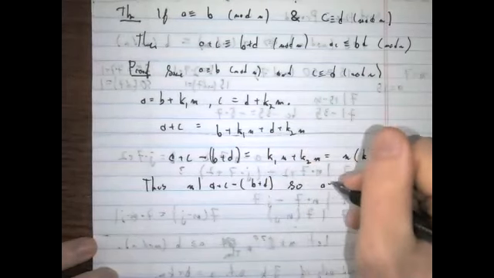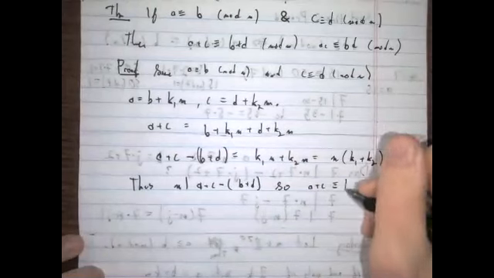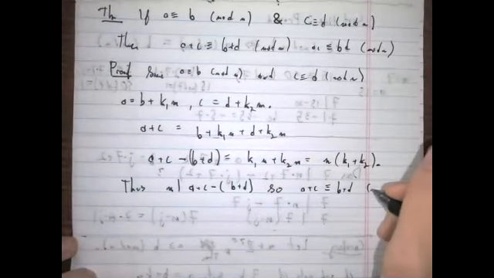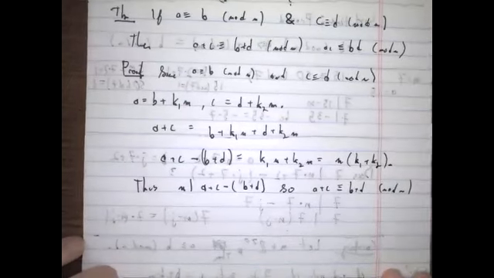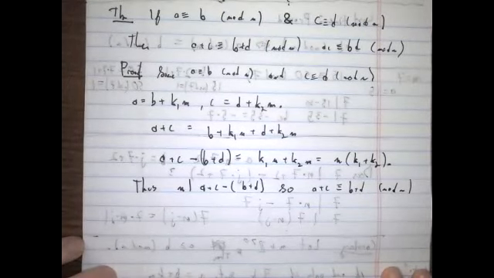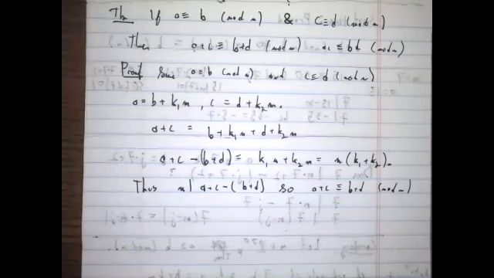So a plus c is congruent to b plus d mod m. Is this okay? Okay.